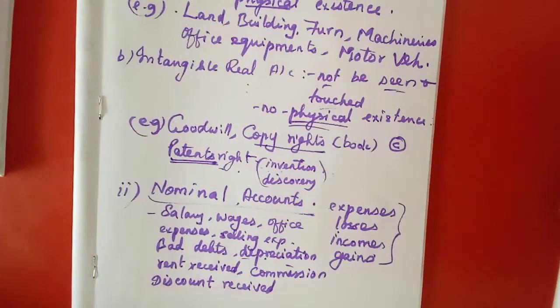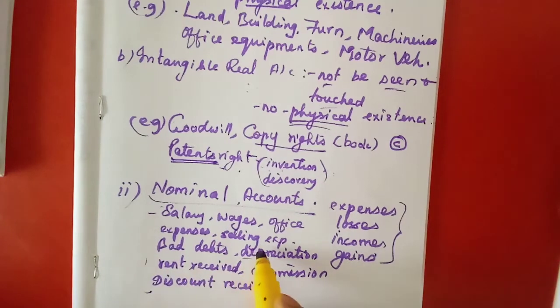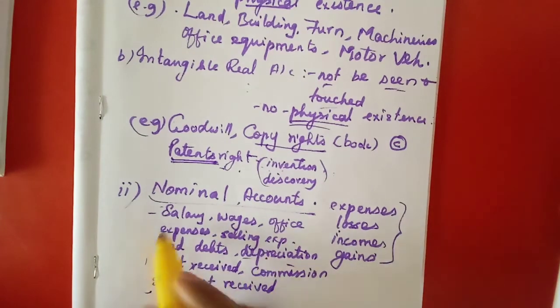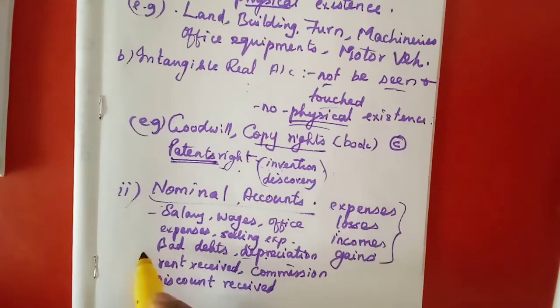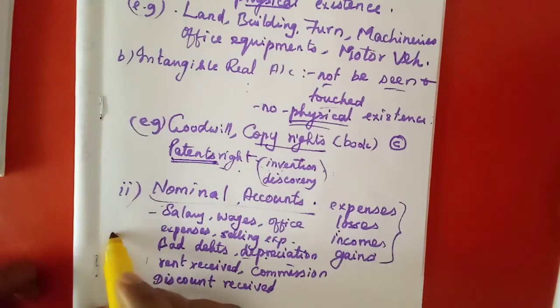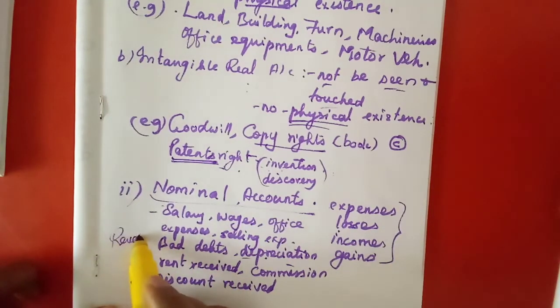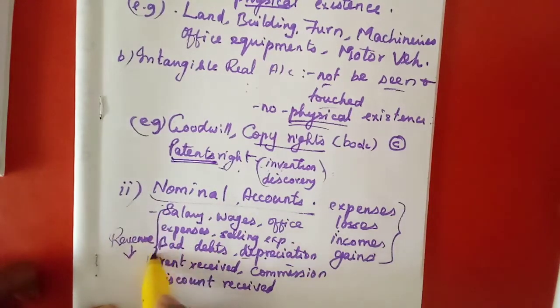Since these are related to revenue items, to run the business every year, every month we may pay these expenses. Often we pay, that is recurring in nature. So we can say revenue expenditure, revenue income. Where will this be entered?